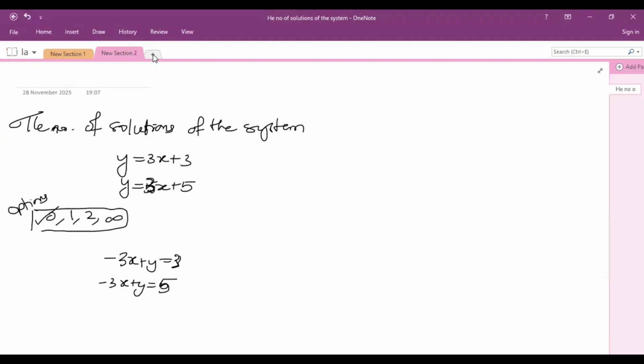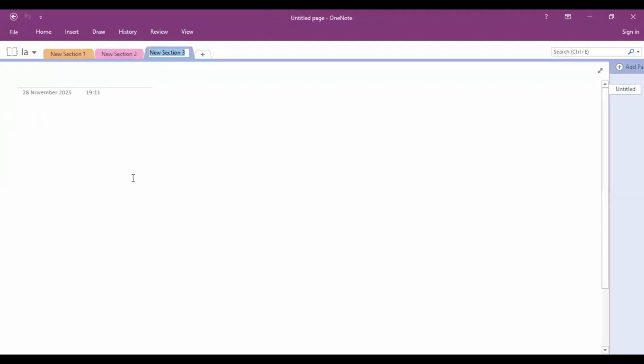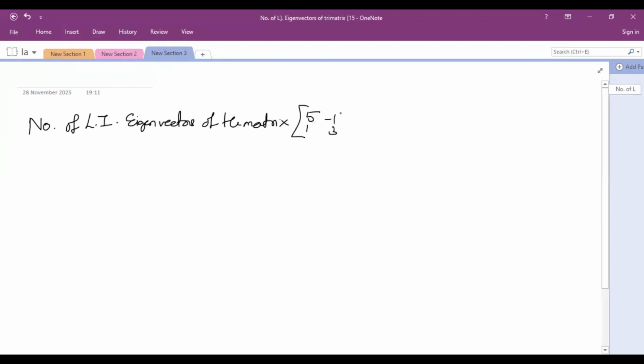Yes, sir. So let's proceed with the next. The number of linearly independent eigenvectors of the matrix 5, 1, -1, 3. We want to find the number of linearly independent eigenvectors in this case.